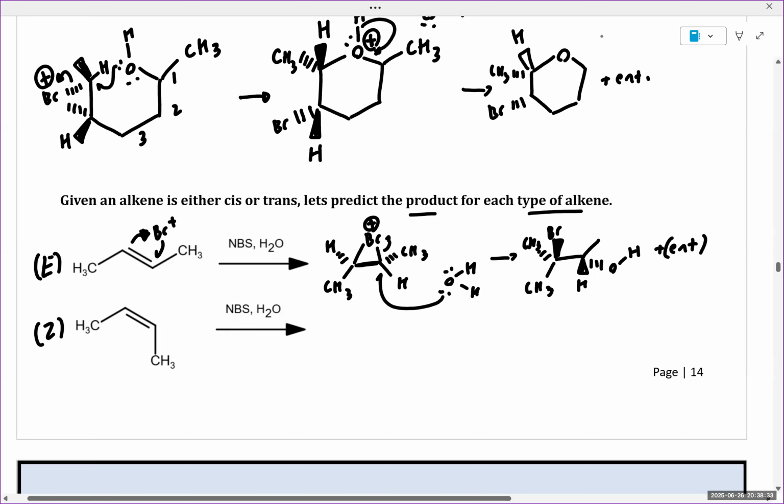Okay, so we've discussed what occurs for the E alkene. We generate the bromonium ion, we open up the bromonium ion. In the end, the bromine and the alcohol end up on opposite faces. That should be a hydrogen, and this is our CH3 group. Okay, perfect.